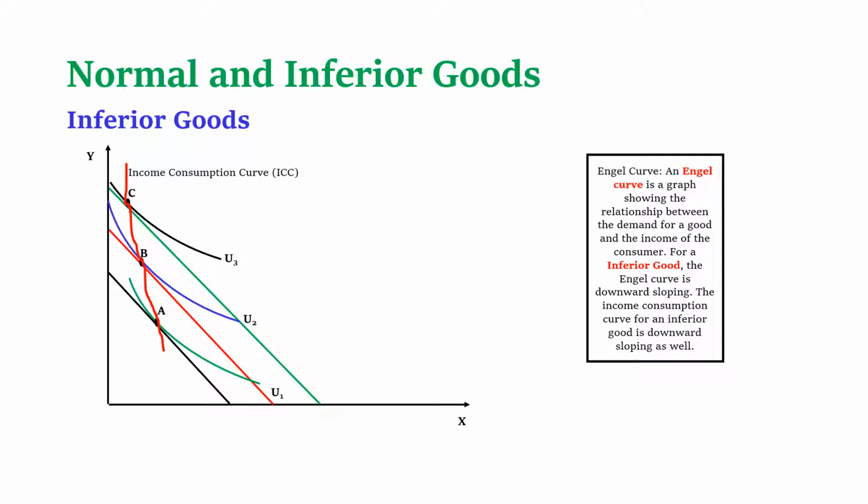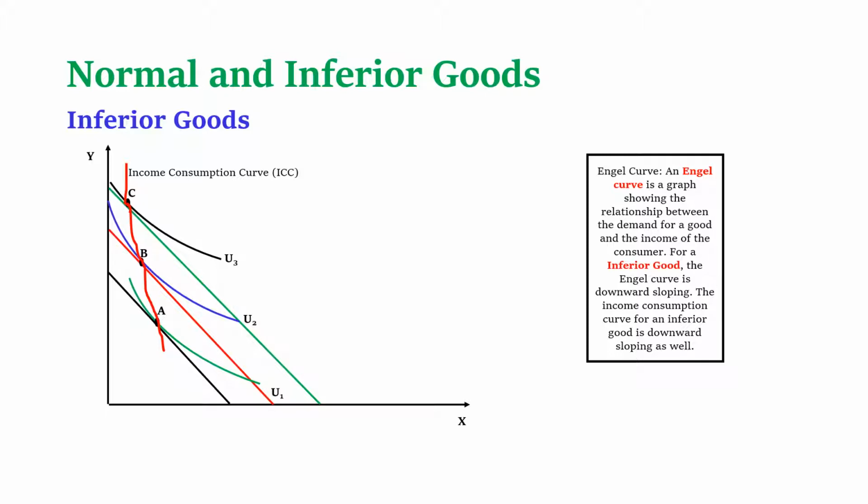The original point of tangency there is point A, right? And the next point of tangency is point B, which is to the left of A. Now, remember in the previous graph, the successive point of tangency was to the right of the original one.